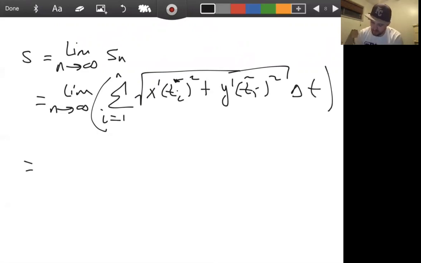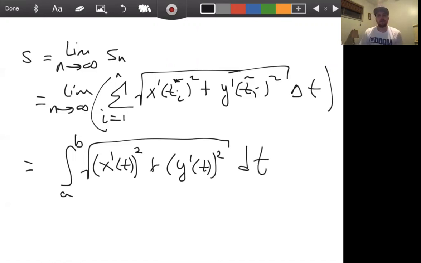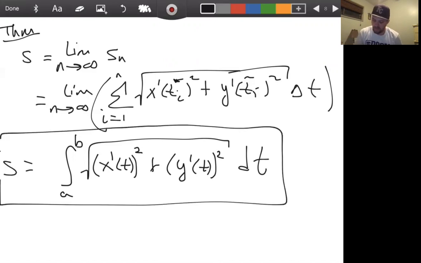This limit then becomes the integral from a to b of square root x prime of t squared plus y prime of t squared dt. And so this is the theorem. The theorem is that for a parametric curve, arc length is given by this formula.